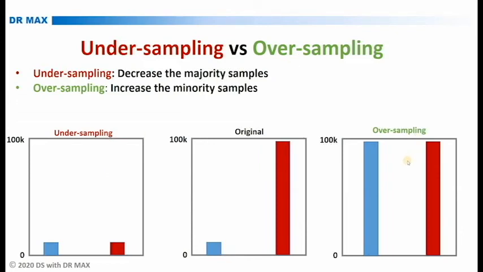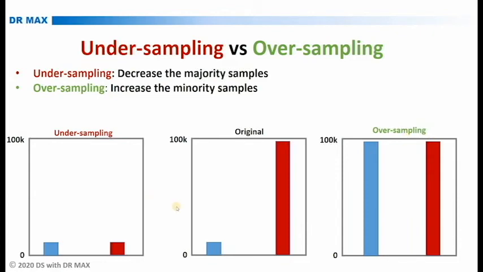On the right, I'm showing the oversampling. It means that we increase the number of the blue class samples so that we have an equal number of red and blue samples. This dataset is not imbalanced anymore. We have oversampled the data.